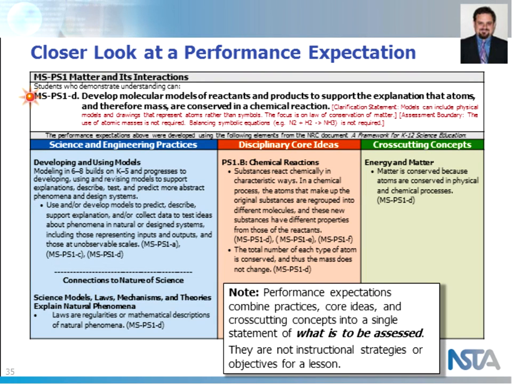And then we have this performance expectation, I should call it: developing molecular models of reactants and products to support the explanation that atoms and therefore mass are conserved in a chemical reaction. That is meant to combine the different elements here. The pieces in blue are considered part of the scientific and engineering practice, developing molecular models. The pieces in orange are the disciplinary core ideas and how they are reflected in the standards. And then the cross-cutting concepts are represented in the green.